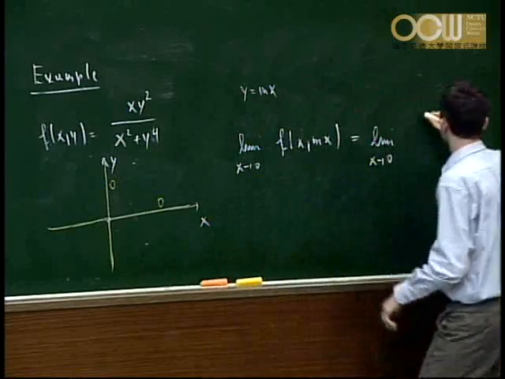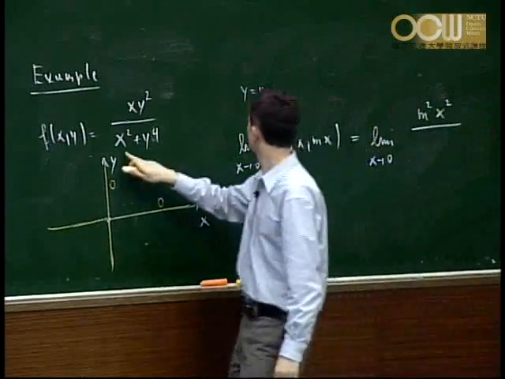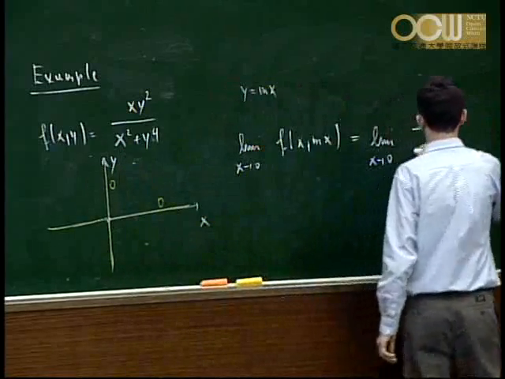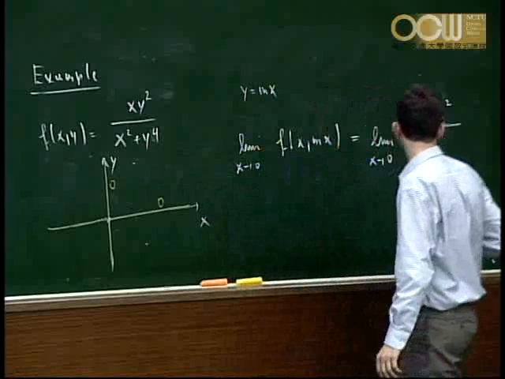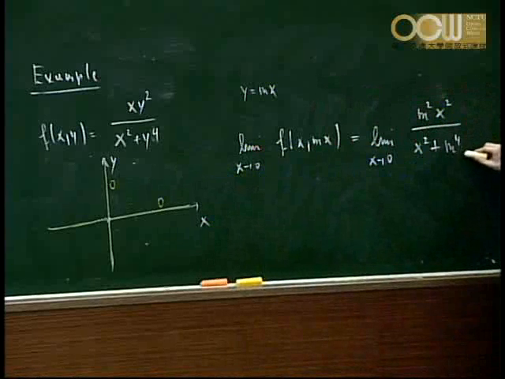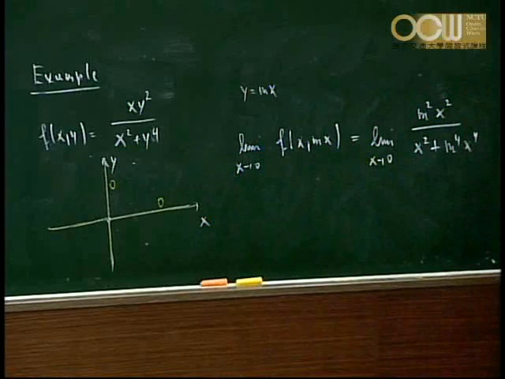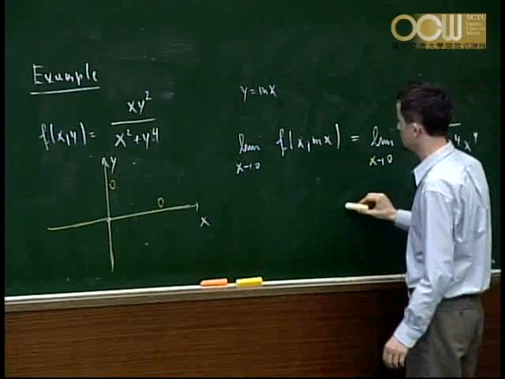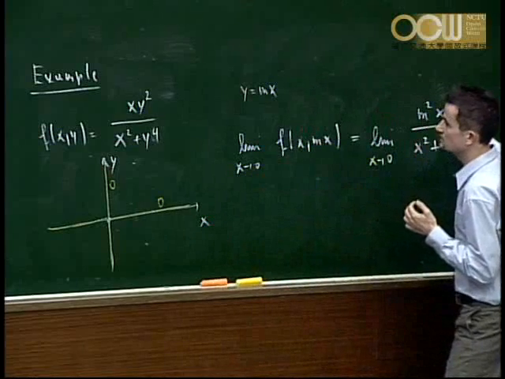So what we get is m squared x squared over x squared plus m to the 4th x to the 4th. Sorry, here to the cube.